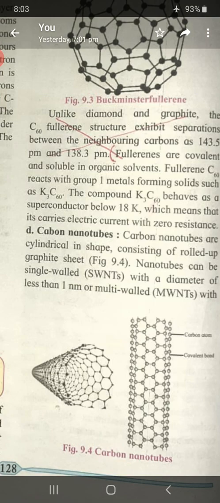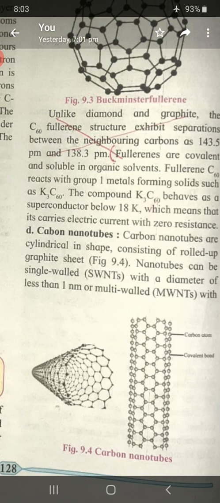Their lengths range from several micrometers to millimeters.